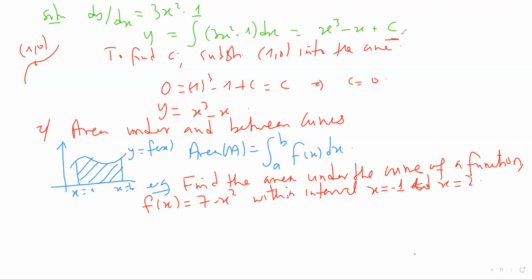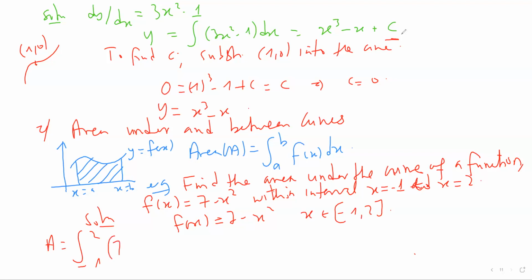Right? So the solution is that your function f of x is 7 minus x squared. Your x is between -1 and 2. So your area is the integral from -1 to 2 of your function, 7 minus x squared dx.